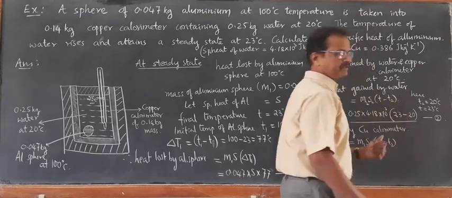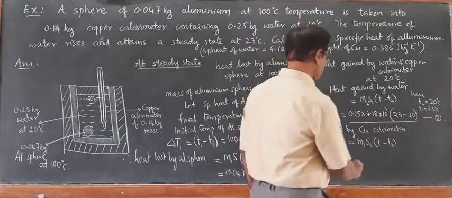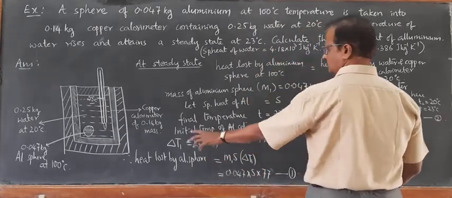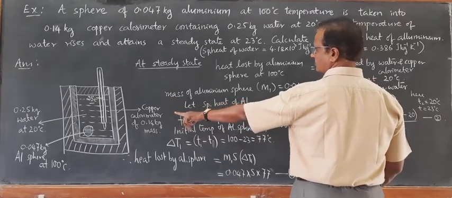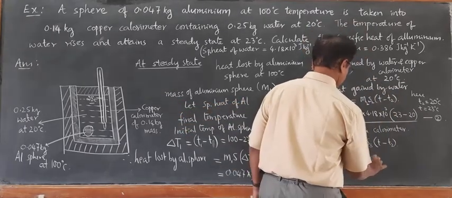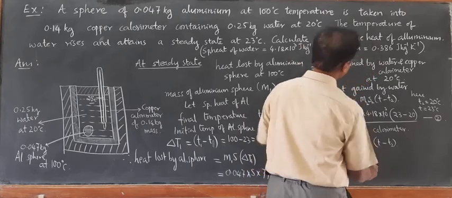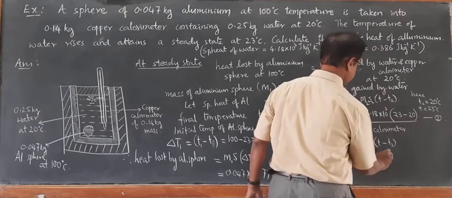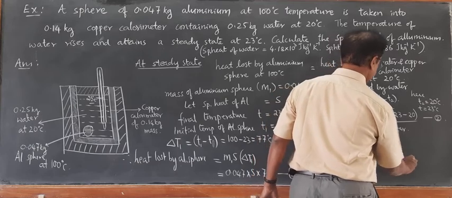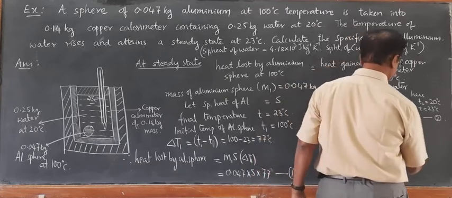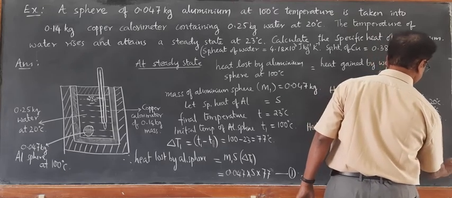This has the same temperature change as water, 23 minus 20. The mass of copper is given, 0.14 kg, into specific heat 0.386 into 10 raised to 3 into 23 minus 20 again. Call this equation number 3.